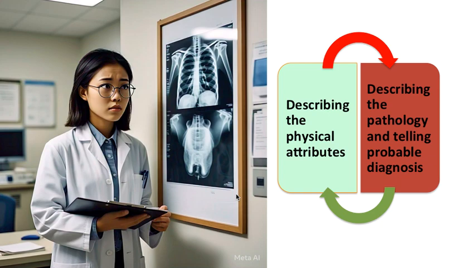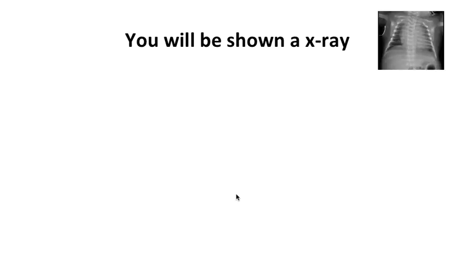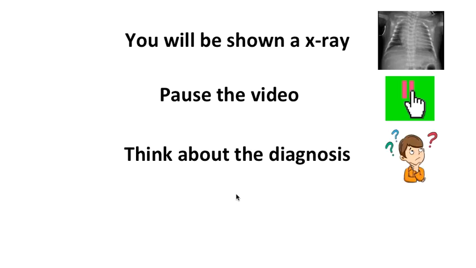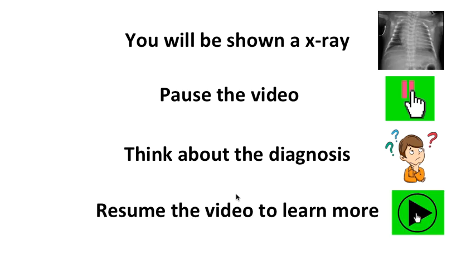I am going to show you multiple very easy X-rays, but these are very commonly placed in table vivas. Pause the video for 10 seconds, write down what you are going to answer in the exam, then write the diagnosis, and resume the video to see whether you have made a correct choice or not.